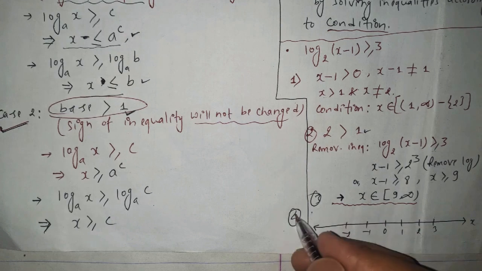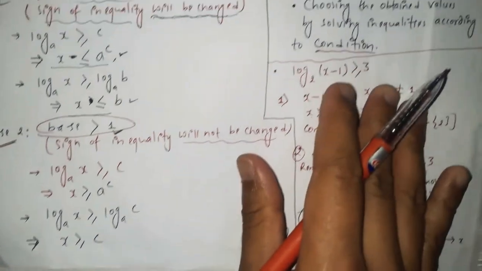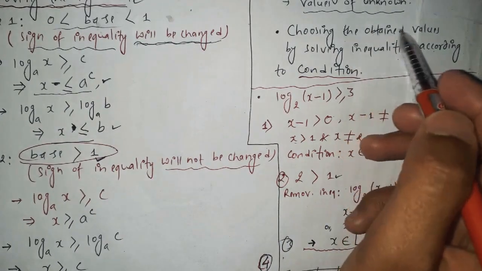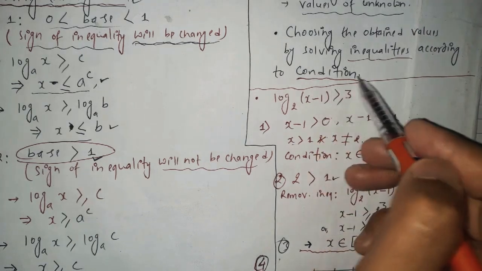Now the final step, the fourth step, is selecting. The fourth step is choosing the values obtained by solving the inequality according to the conditions.